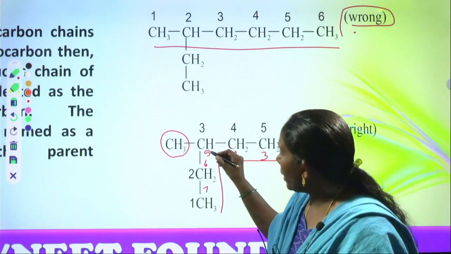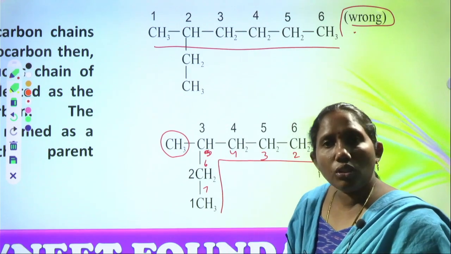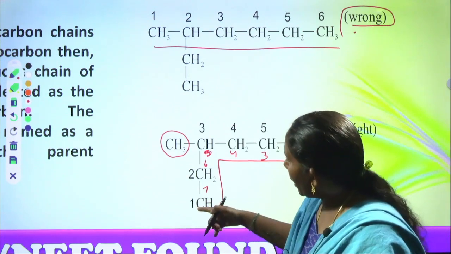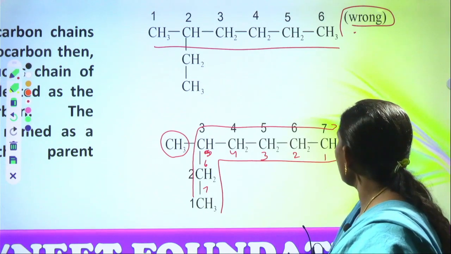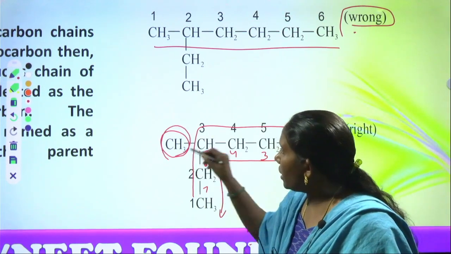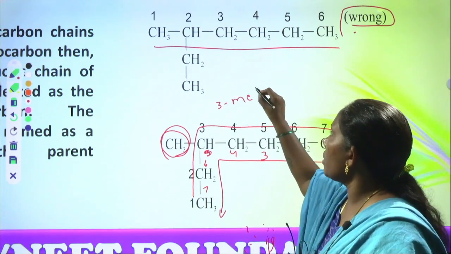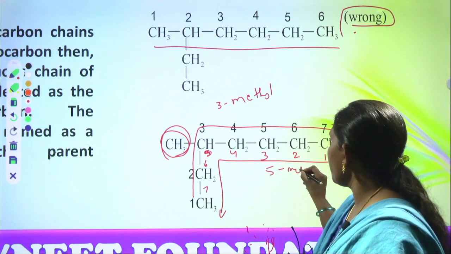That branch you are getting on the 5th carbon, so we have to write 5-methyl. But if you take the numbering the other way, 1, 2, 3, 4, 5, 6, this branch gets the third position, meaning 3-methyl, versus 5-methyl.